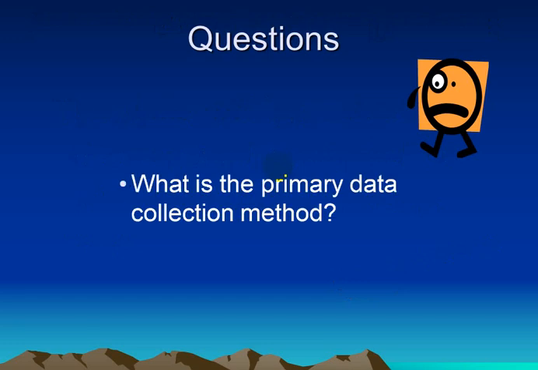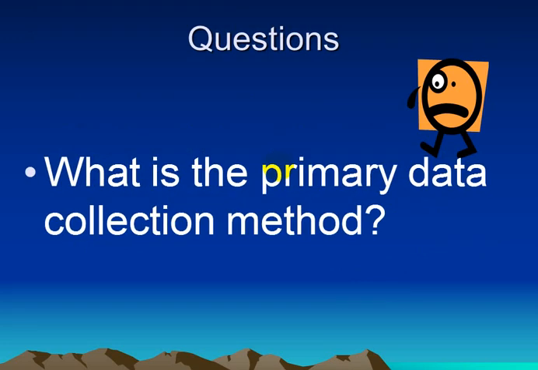Next question is, what is the primary data collection method? I give you one second to define the term primary data collection method. What is it? Can you tell me?